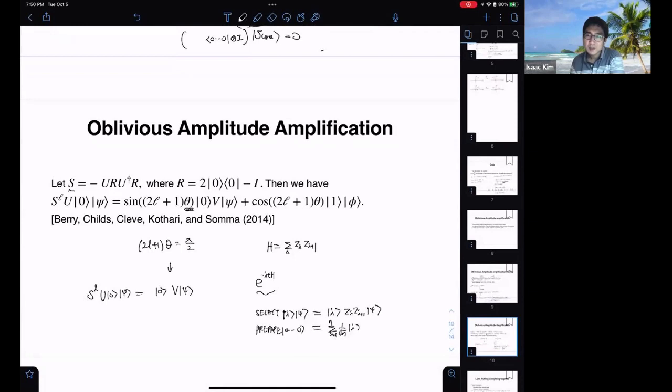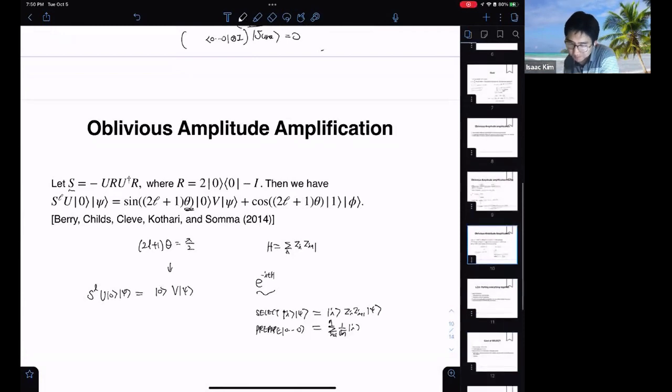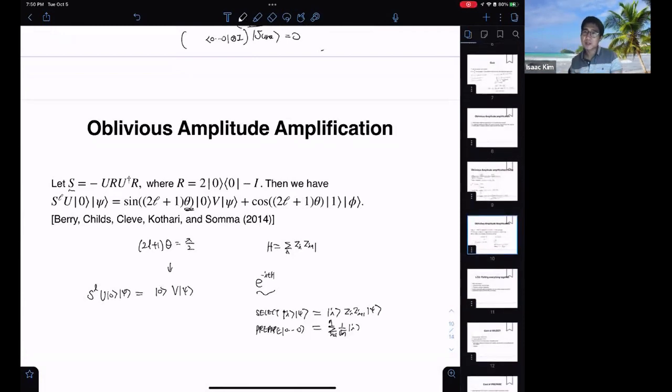Okay. And let me just say that there was a question in the last lecture about select and prepare, and I showed examples of select and prepare for this kind of Hamiltonian, Z_i Z_{i+1} and X_i X_{i+1}. Technically speaking, the select and prepare I showed were not correct, because I didn't actually Taylor expand this thing.